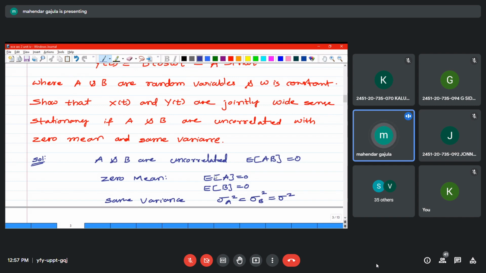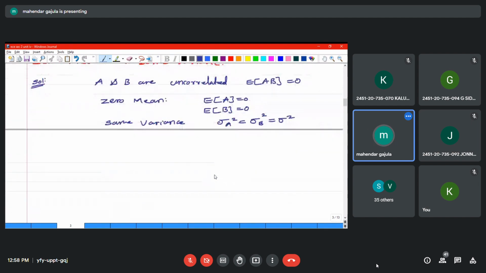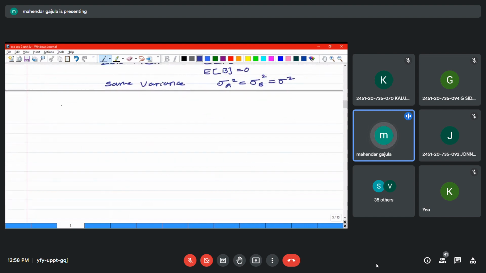So to prove that these two random processes xt and yt are jointly wide sense stationary, what is the first condition we have to prove? Mean. Or otherwise, we have to prove that individually xt and yt are wide sense stationary. So let us check the mean of xt.